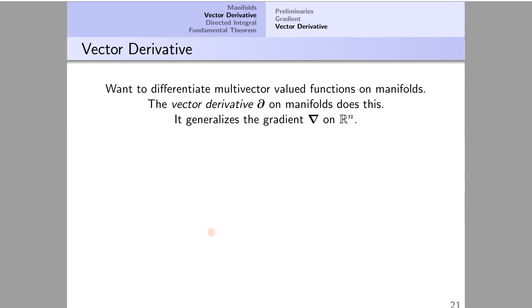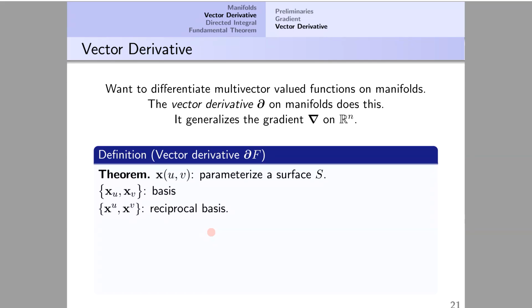Recall that we wanted to differentiate multivector valued functions on manifolds, and that the vector derivative does this. It generalizes the gradient. I'm now finally ready to define the vector derivative. I'll start with the parameterization of a surface. We just learned that this is a basis for the tangent space. I'll denote this by the reciprocal basis.